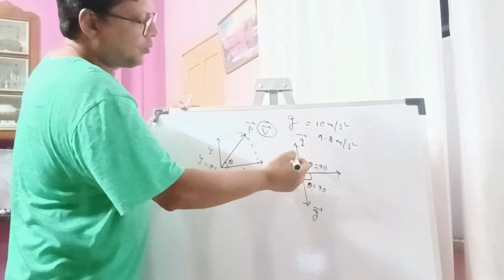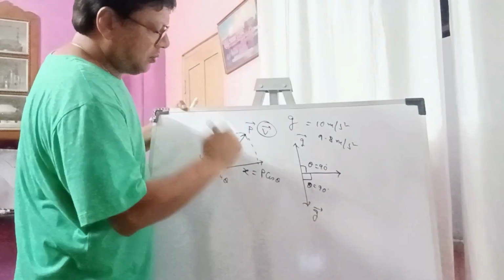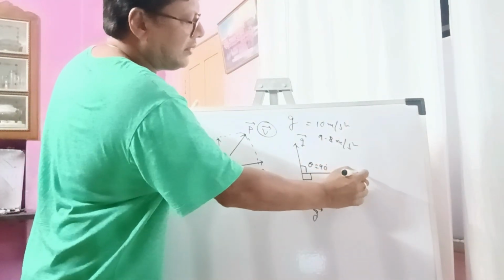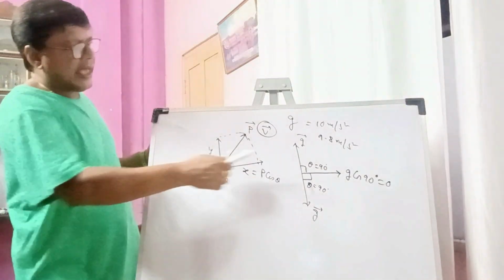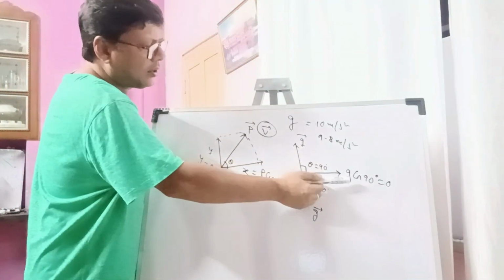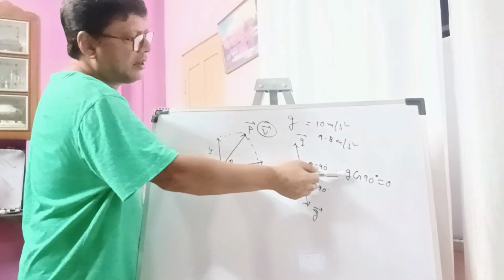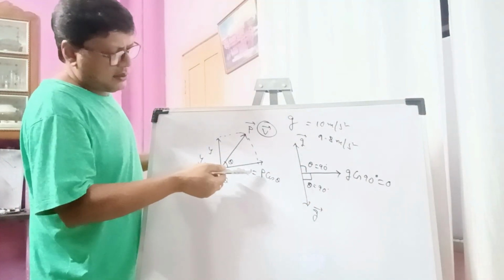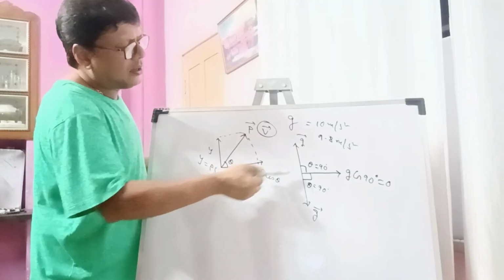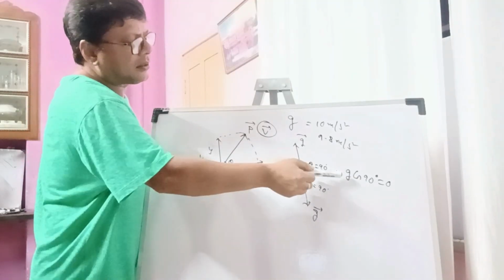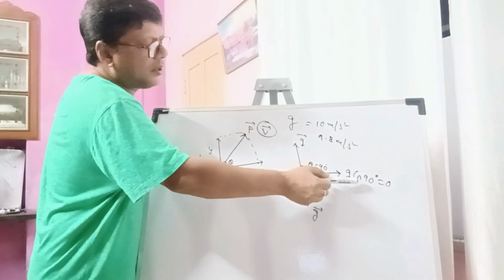So perpendicular to this, we can take the component of g equal to g cos 90, equal to 0. Because the angle theta gives the horizontal component, the cos component, that is why we have taken g cos 90. Here we have taken x equal to P cos theta, so here g cos theta means cos 90, which is 0.